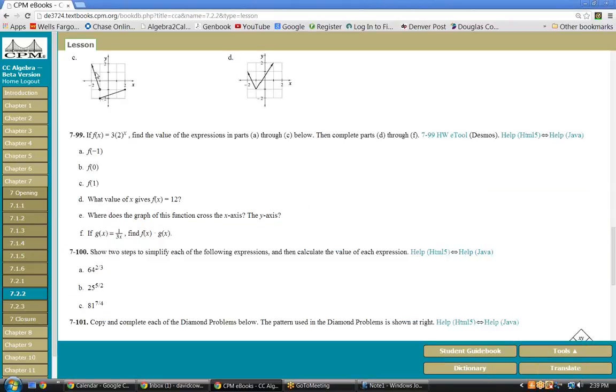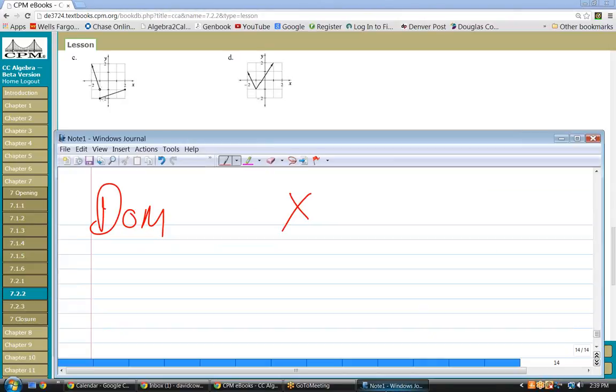So this arrow means that it goes all the way to negative infinity. So x is greater than negative infinity, but what is this point right here? What does x have to be less than? Do it in stages. In other words, this is a piecewise function. So do it from here to here, figure out the domain and range, and then figure out the domain and range from here to here.